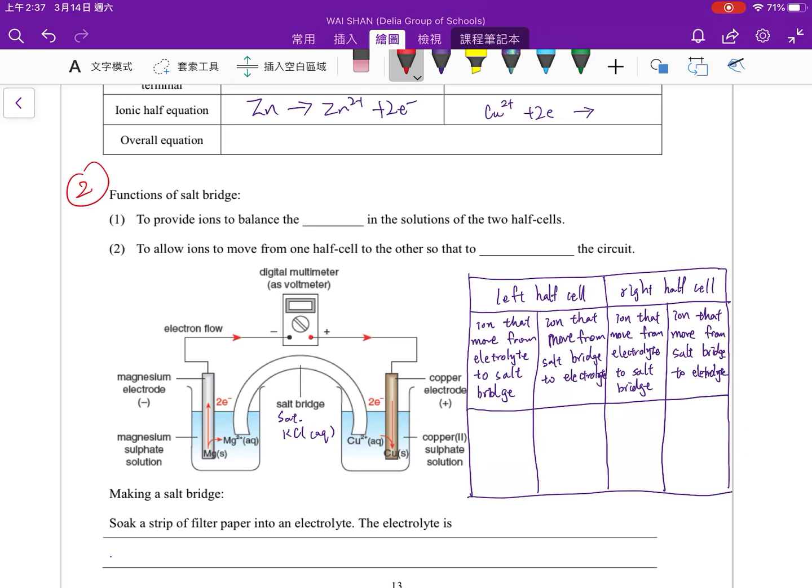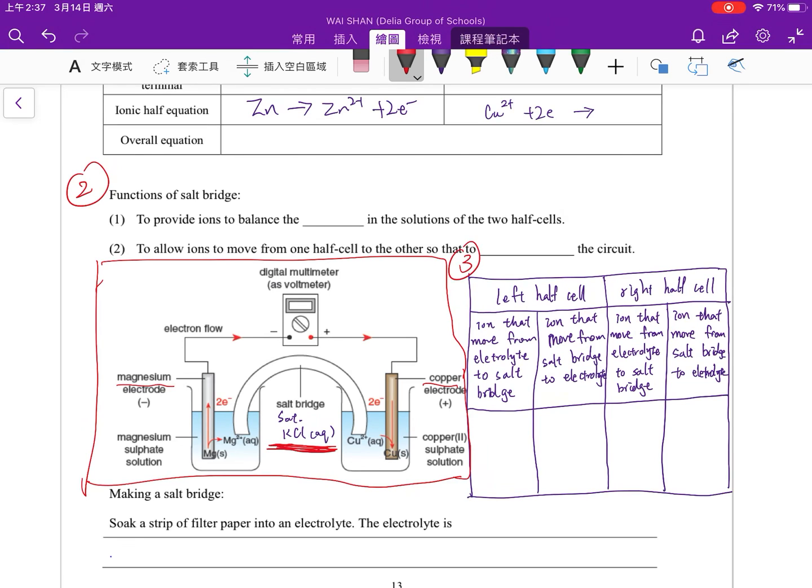salt bridge here, by referring to this simple chemical cell using magnesium and copper as electrode, and using this saturated KCl as the electrolyte in the salt bridge. Fill in this table.